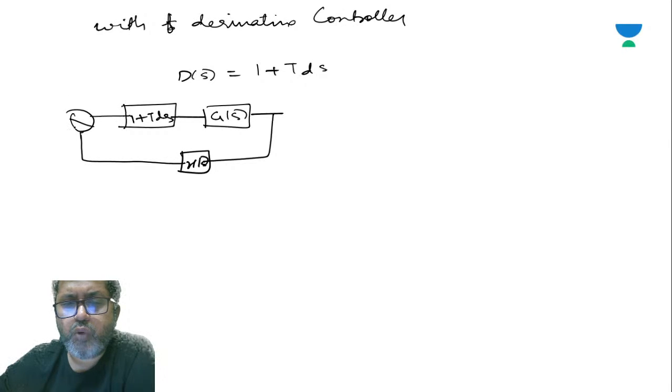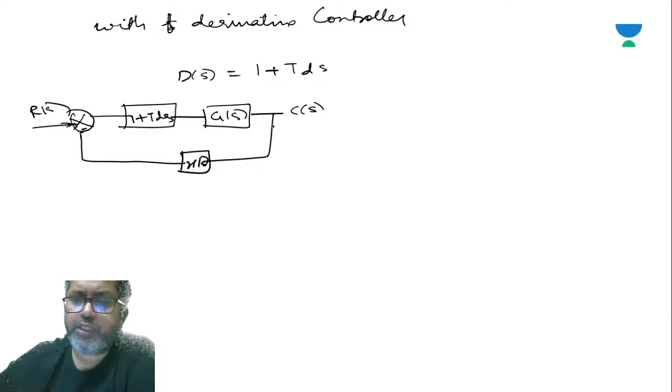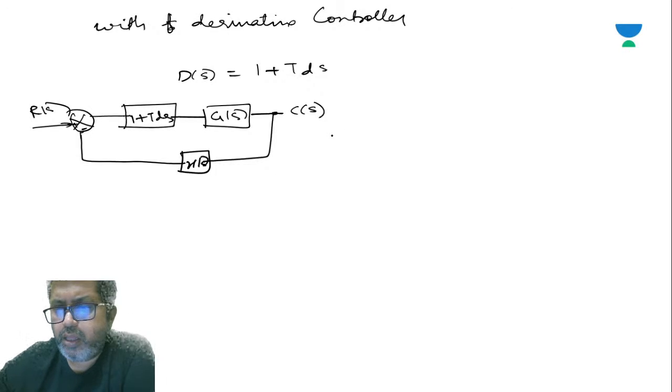This is equal to HS plus minus RS. This is equal to CS. Okay. So with this controller, what is overall transfer function?